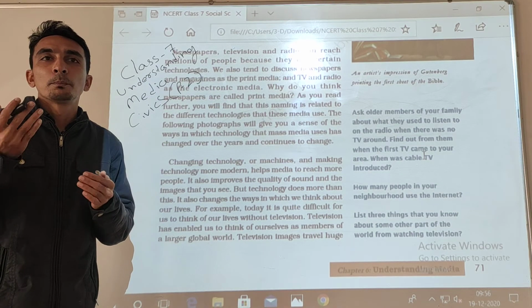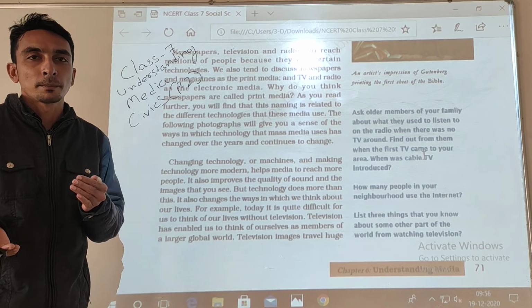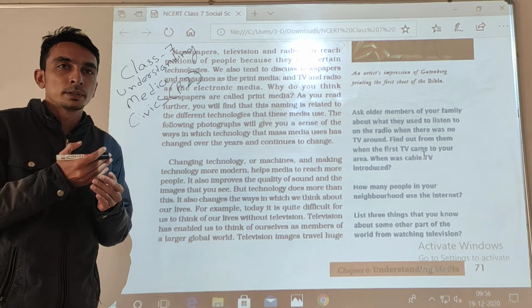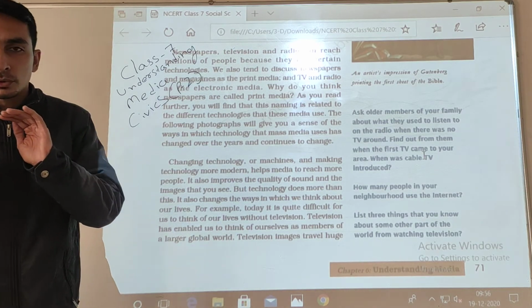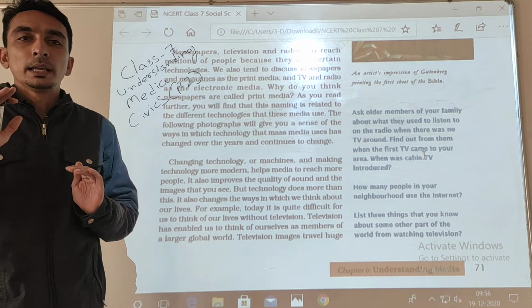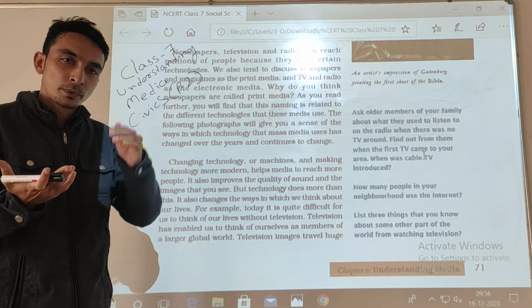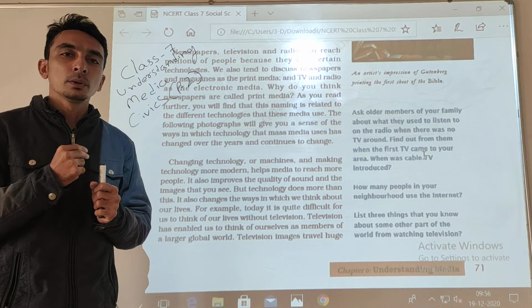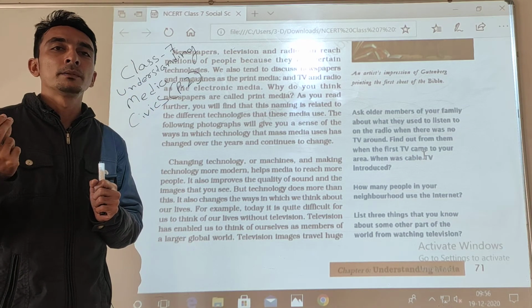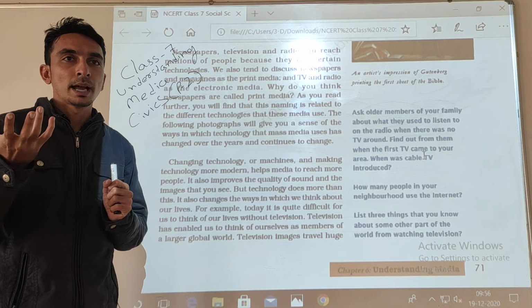Let's talk about pre-WhatsApp and post-WhatsApp. Before WhatsApp was there, media was slow, but after introducing WhatsApp, news can reach people in the blink of an eye, right?